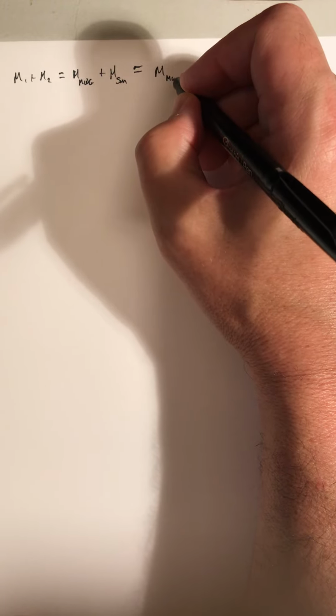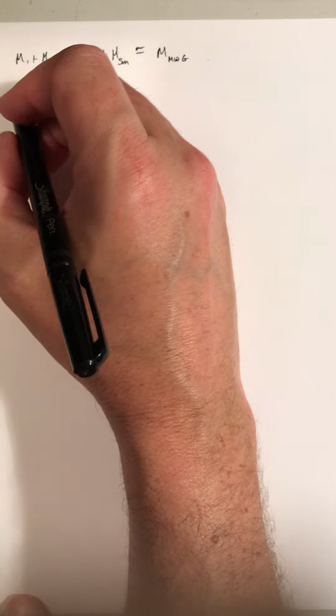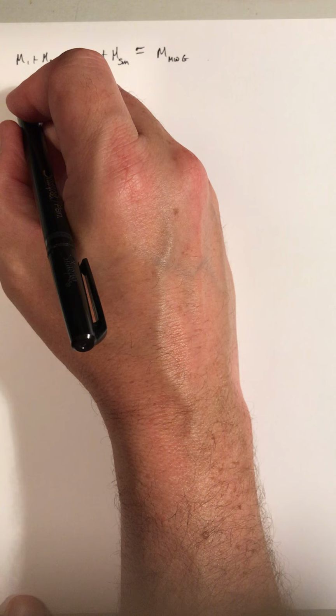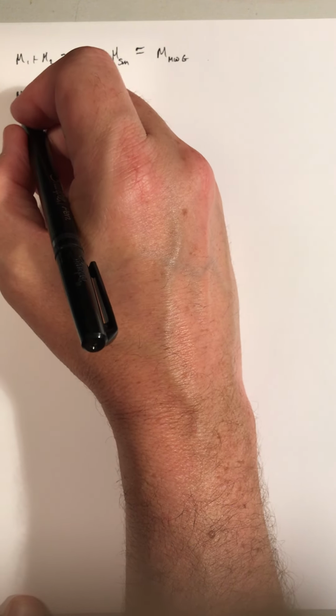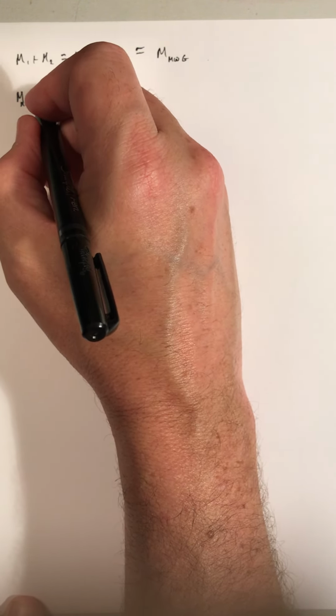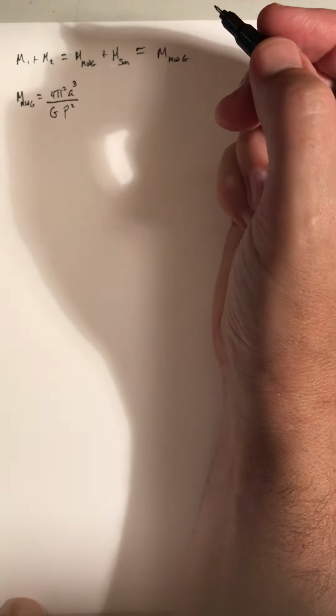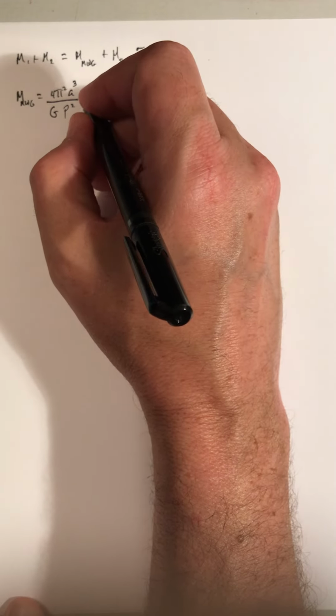So that is pretty much just the mass of the Milky Way galaxy. Rearrange Kepler's third law. Mass of the Milky Way galaxy is going to be 4 pi squared a cubed over G period squared. We put in our values.